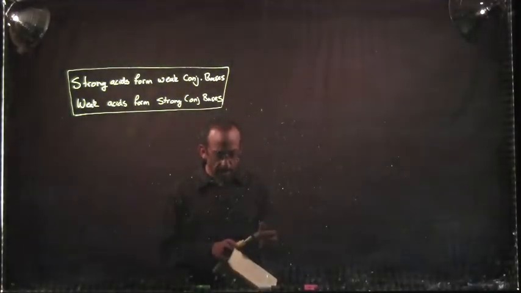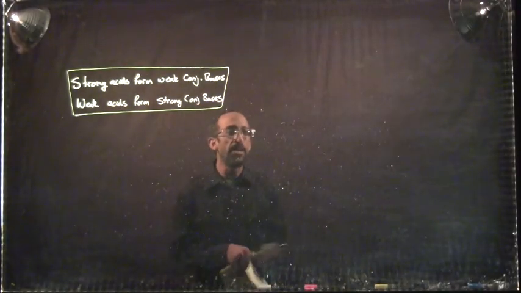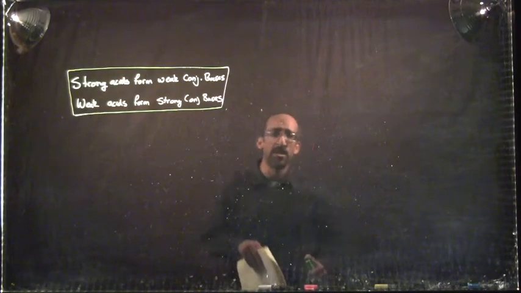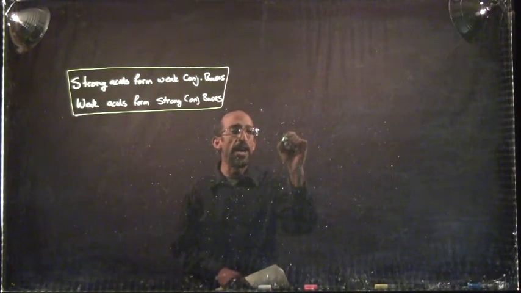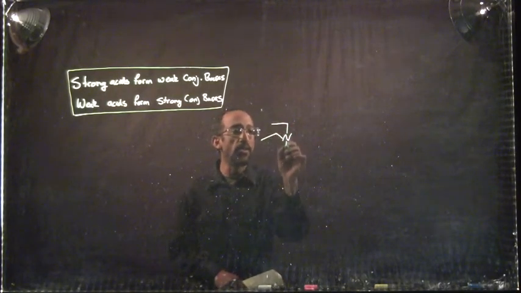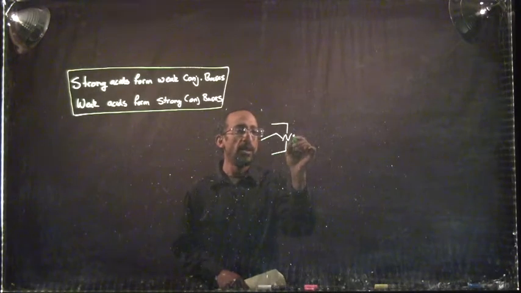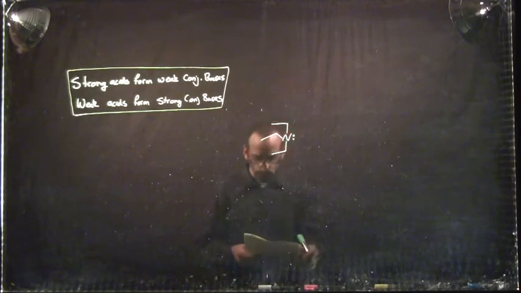So for this example, I'm going to use a nitrogen base, and I'm going to use one of the more common nitrogen bases that we see in organic chemistry, known as triethylamine. So I have a nitrogen with 3 ethyl groups off of it, and a lone pair so that it is able to accept electrons.